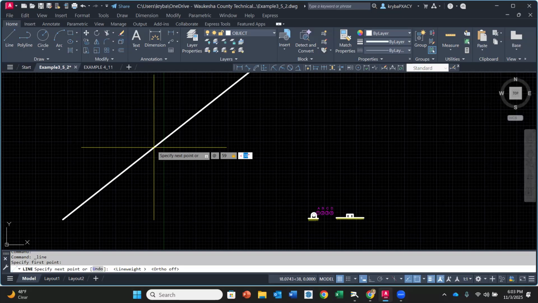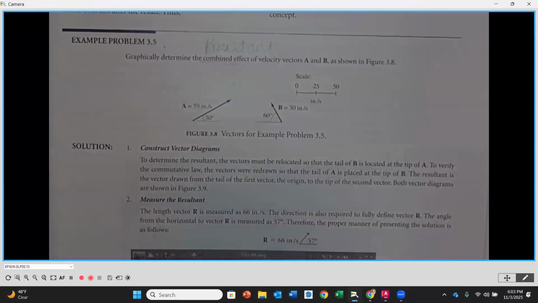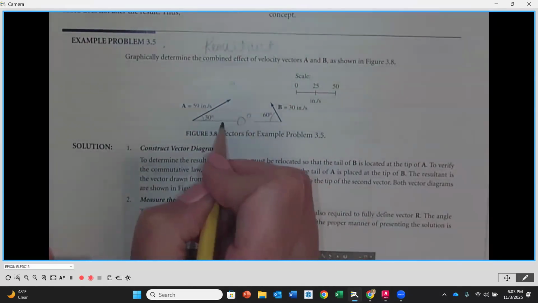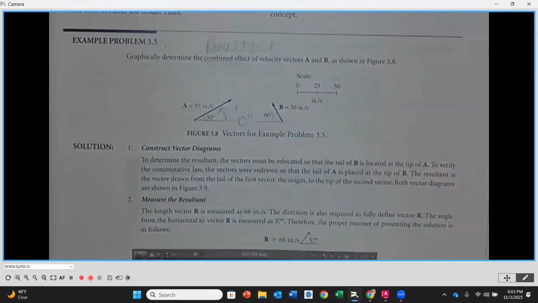This angle is from 0 degrees, standard 0 degrees, which is horizontal, okay? And if I move in a counterclockwise direction that is positive, clockwise is negative. So if I go back underneath here, right here is standard 0 degrees. So 30 degrees going in that direction up to that line is counterclockwise. That's a positive direction, okay?